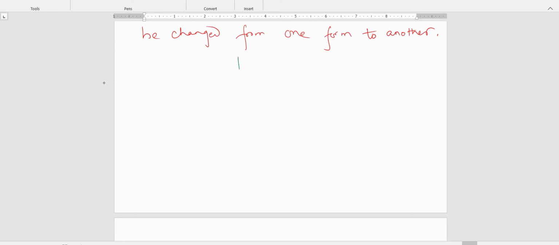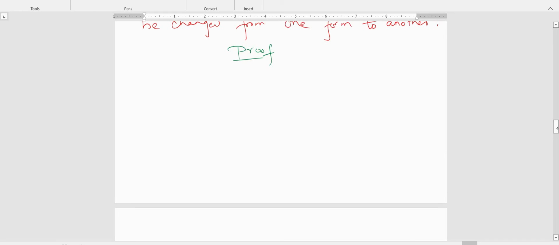Proof, very important for exam. Let us see the proof. For example, I've got a ball here. It has been dropped from a certain height, and for example this is the ground.